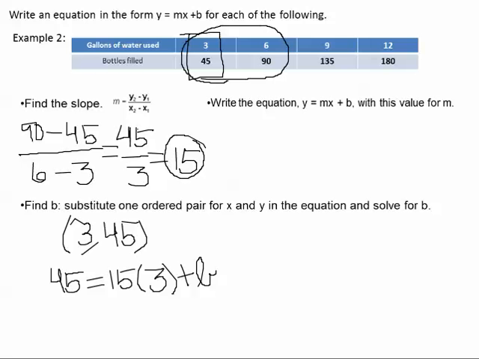15 times 3 gives me 45, so I have 45 equals 45 plus b. I need to subtract 45 from both sides.